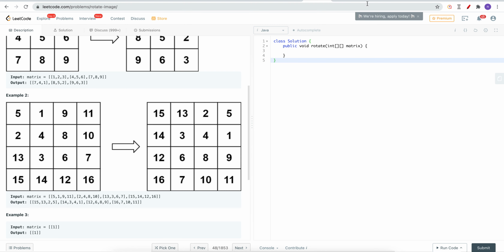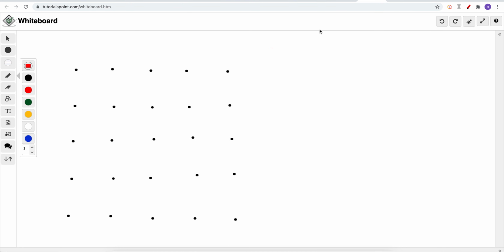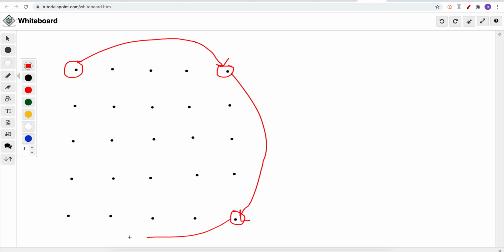So let's start. This is a square matrix of 5 by 5. This is how our algorithm works. First goes to this position, second last goes to this position, this node goes to this position, and this node goes to this position.